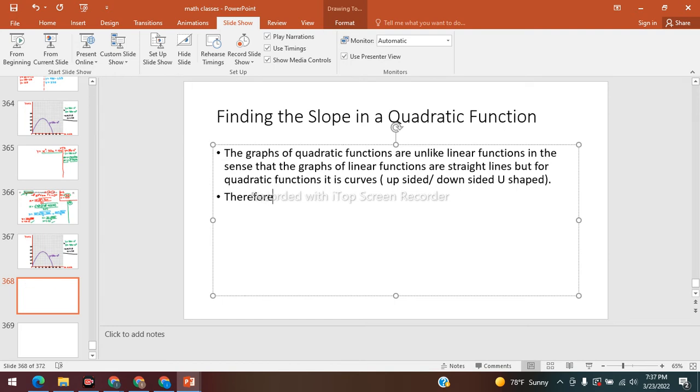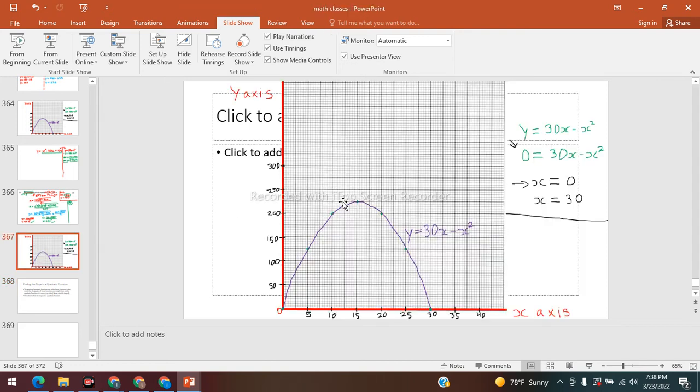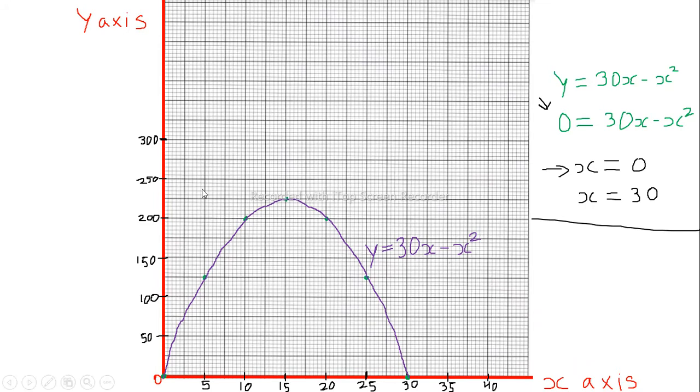Therefore, to find the slope of a quadratic function, since we notice that this is a curve, and remember we say the slope is defined as rise over run, but here, where's the rise, where's the run? There's no line.